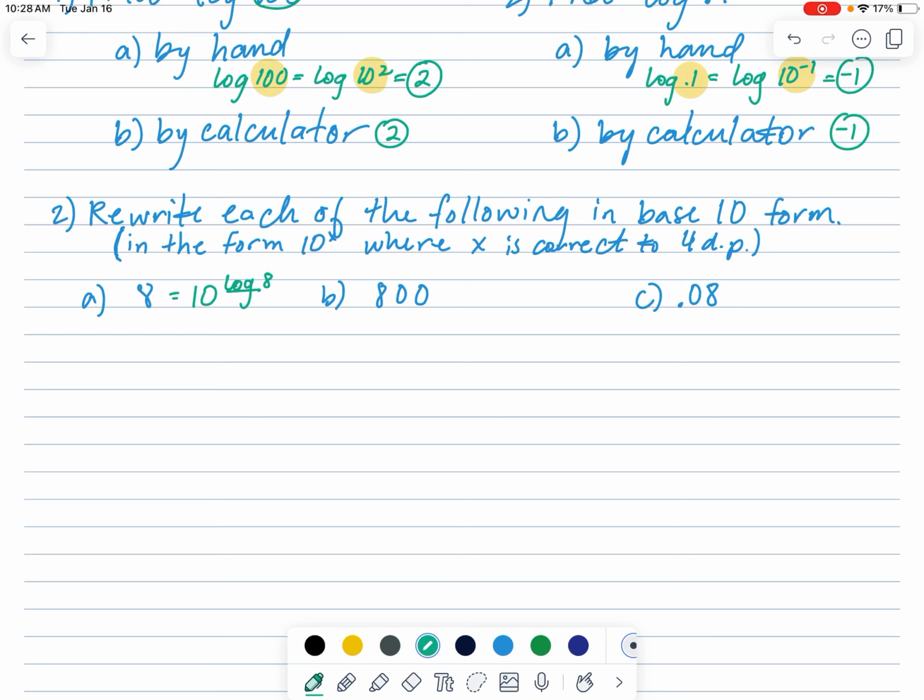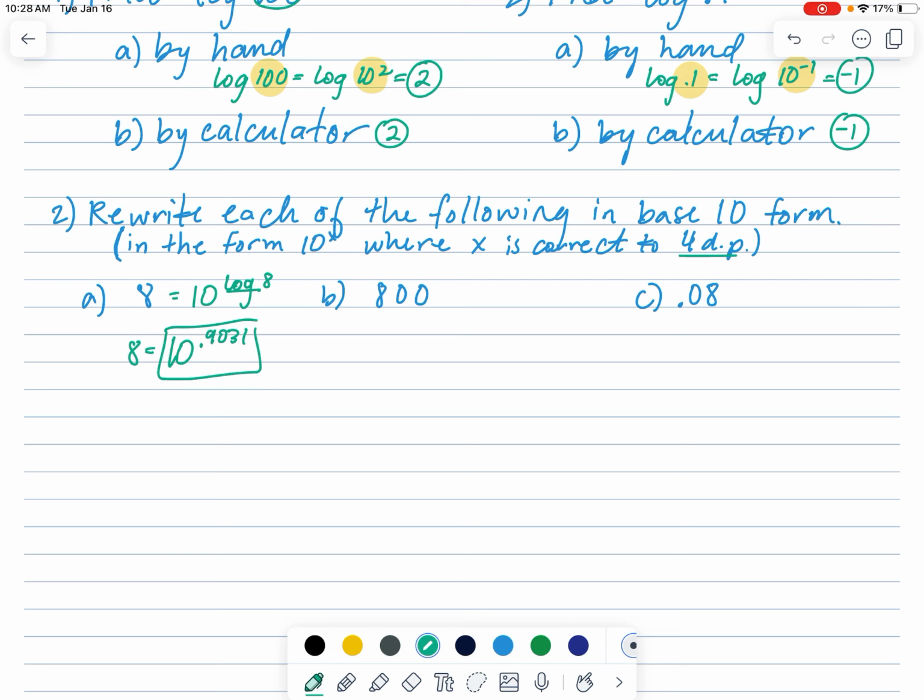It's going to give you a decimal value. And so we could write that as 8 equals 10 to the, you should have gotten 0.9031. We're asked for 4 decimal places, so 0.9031. And that's our answer. We've rewritten 8 as a power of 10.